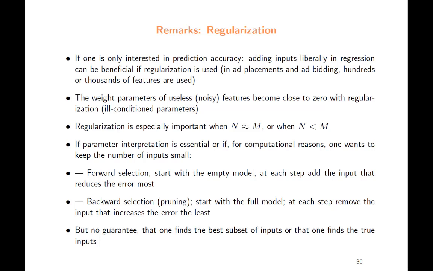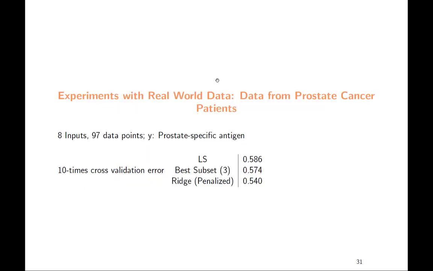These are so-called greedy strategies, and you can be smarter about this, and you could probably give a whole lecture about how you do this. But if you're really interested in this, you can look it up in the textbooks. There's no guarantee, because it's NP-hard, that one finds the best subset of inputs or that one finds the true inputs. So you have to be a little bit careful, and expectations should not be too high.